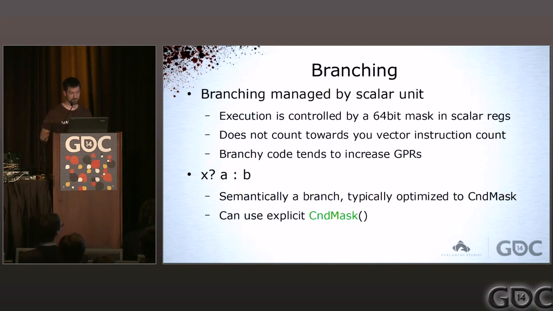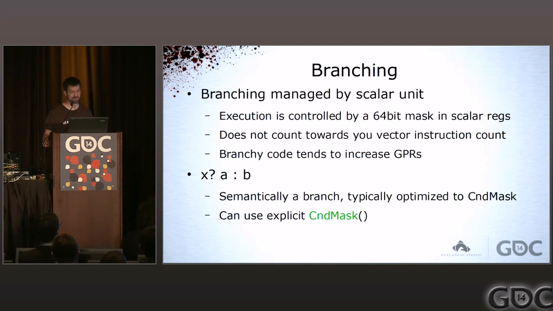As I mentioned before, branching is managed by the scalar unit. Basically how it works under the hood is that execution is controlled by 64-bit masks. That's basically just lying in a scalar register. And the shader can actually just modify these bits as it wants. When you do a branch instruction, you just look at the mask and do the branching from there.